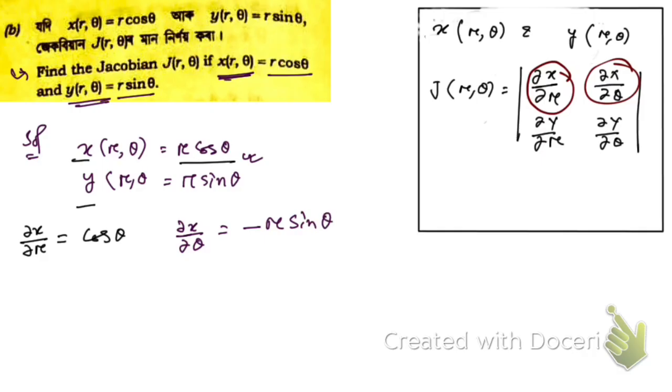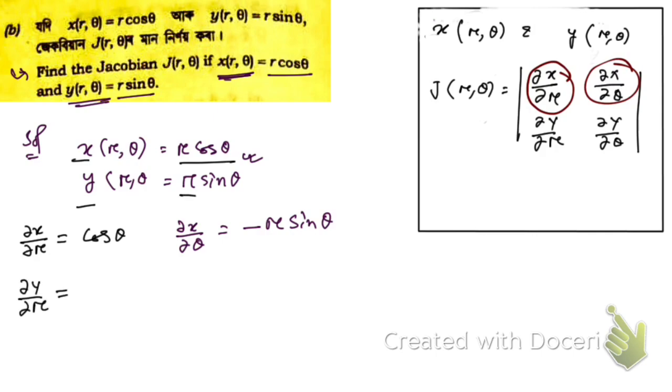The derivative of cos theta is minus sin theta. Because cos theta is a function of theta, if we differentiate partially with respect to theta, we take r as constant, as it is a partial derivative. Similarly we can find del y by del r.